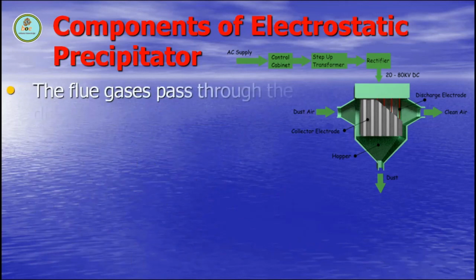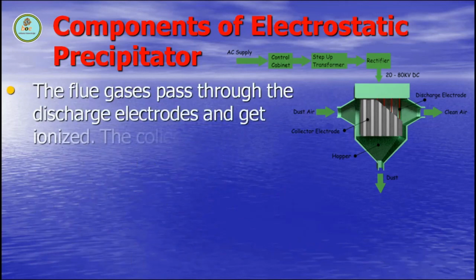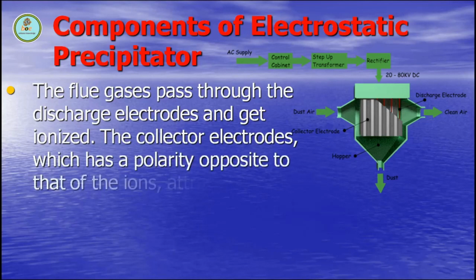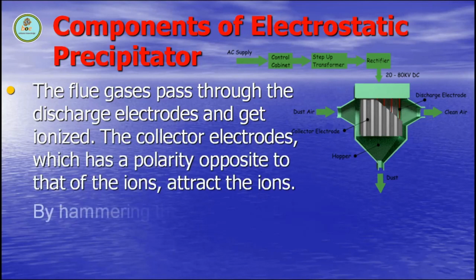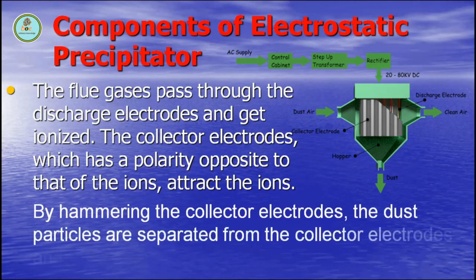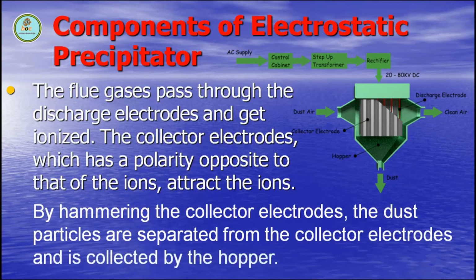The flue gases pass through the discharge electrodes and get ionized. The collector electrodes, which have a polarity opposite to that of the ions, attract the ions. By hammering the collector electrodes, the dust particles are separated from the collector electrodes and collected by the hopper.